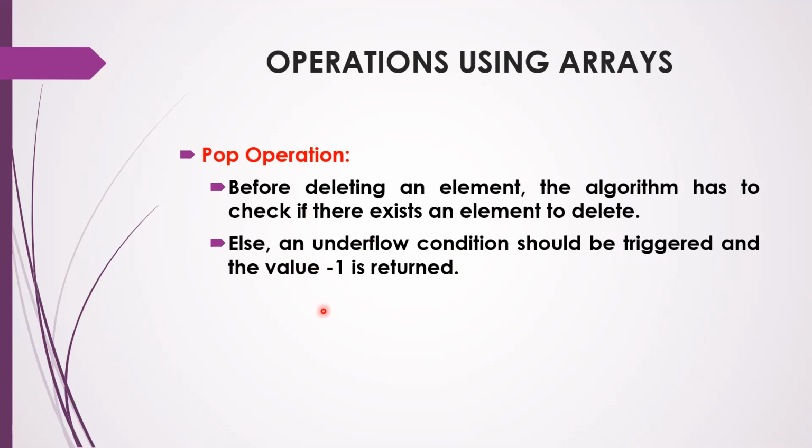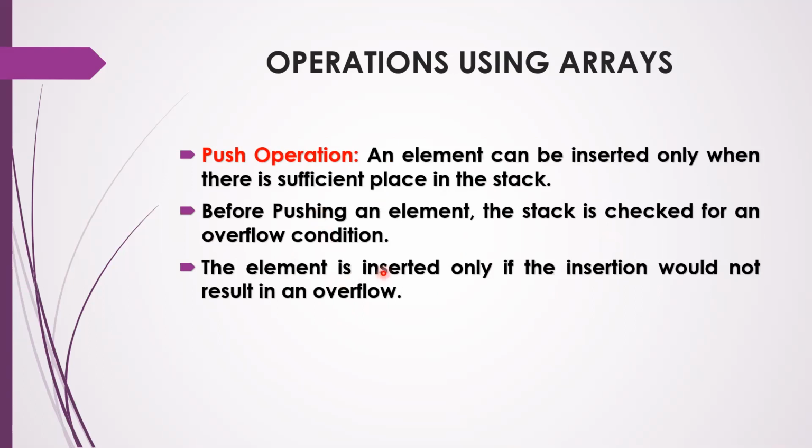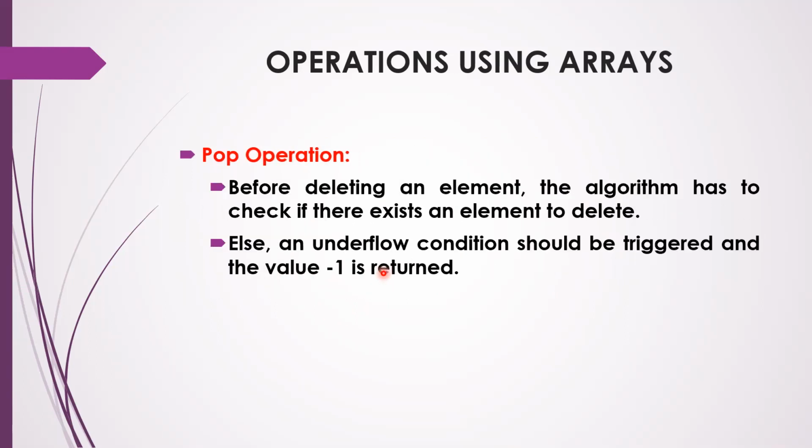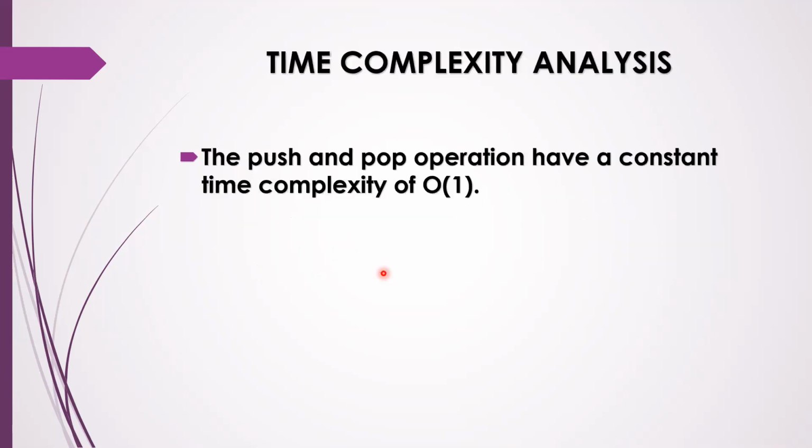So for the push operation, you have to check the overflow condition, by checking against the array size. For the underflow condition, it's enough if you compare top with -1, because you don't have any memory with the -1 number. So this is using an array.